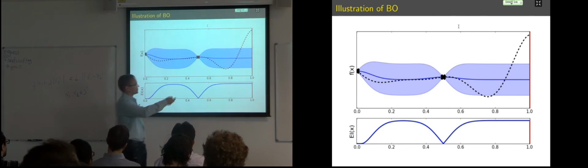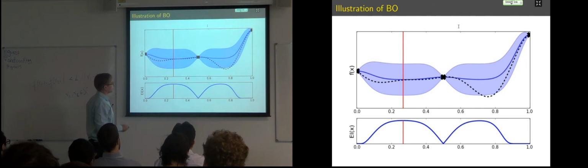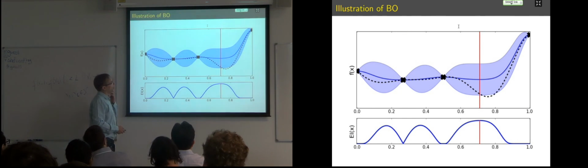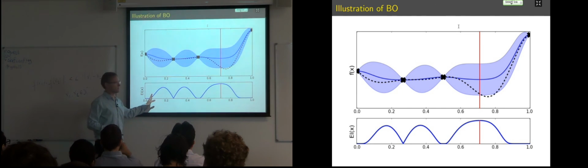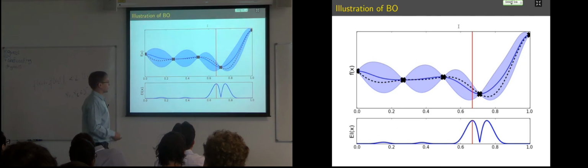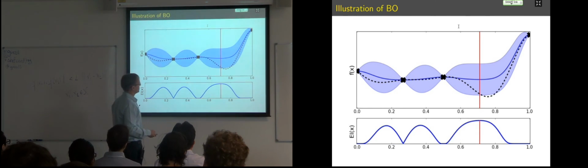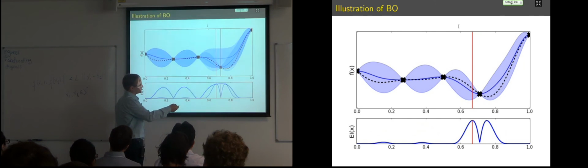And now we are going to the other extreme of the interval. So we collect a new point. Here we collect a new point. And you see how we start changing our beliefs about the minimum of the function as soon as we start collecting more data points. And now we were lucky, because here we are collecting a point which is already close to the minimum.